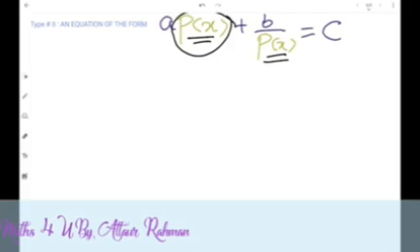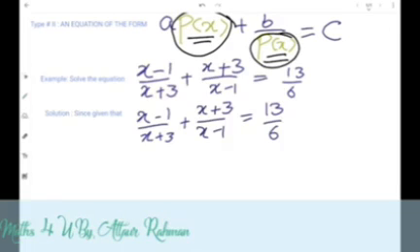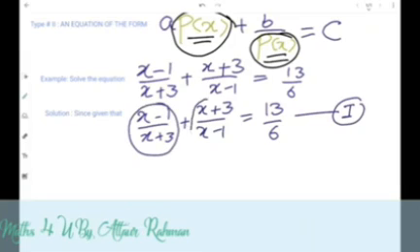Suppose we are given an equation of the form (x minus 1) upon (x plus 3) plus (x plus 3) upon (x minus 1) is equal to some constant, that is 13 by 6. This is our first equation. Here you see that the terms (x minus 1) upon (x plus 3) and (x plus 3) upon (x minus 1) are the reciprocal of each other.